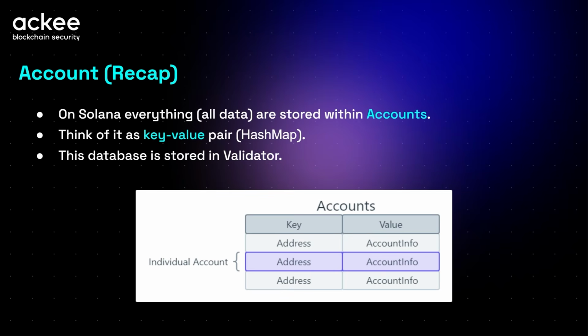In this case, you can think about it as the key is the address of the account and the value is basically the contents of the account. We were talking about lamports, the data field, the flag if the account is executable. For example, there was also the owner, the program owner, and so on. So this is the basic idea on Solana, that everything is an account and it is stored in the validator. So the validator can load the accounts and use them for the execution of the program.